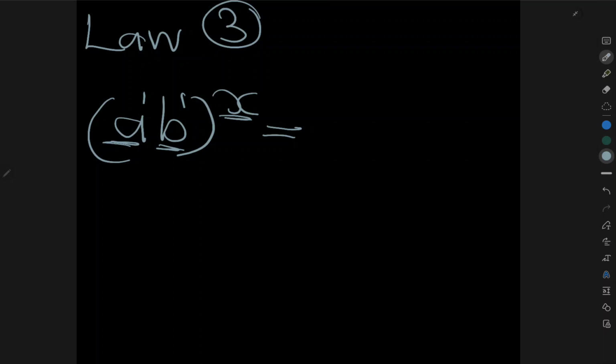So in this case, what we will do is we will distribute the exponent amongst the two bases, right? So our final answer will look something like this. We'll say a to the power of x multiplied by b to the power of x. So that's basically how that one goes.